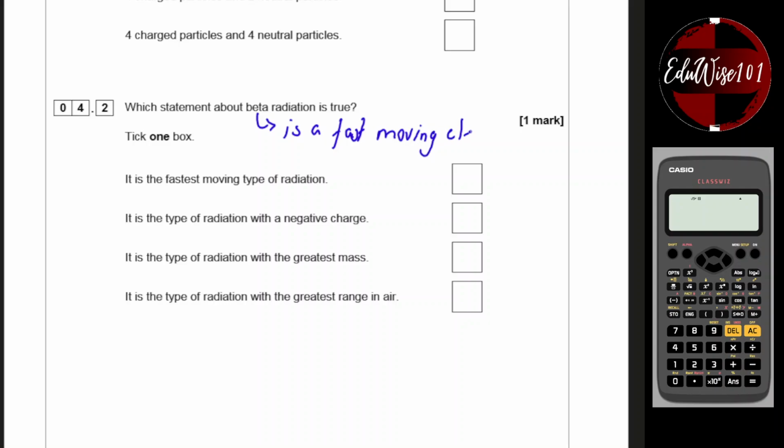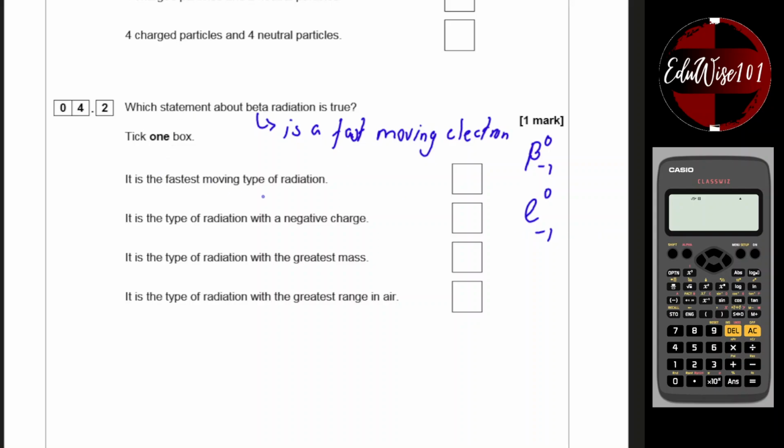So mass is 0 and the charge is -1. We can write it as beta with 0 and -1, or we can also write it as e for electron with a mass of 0 and -1 as well.